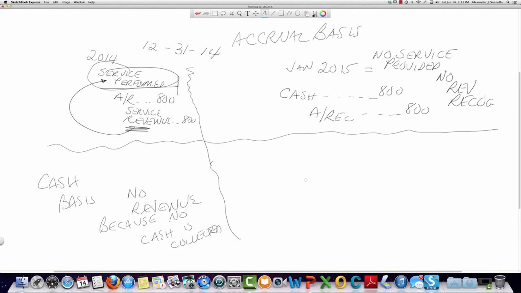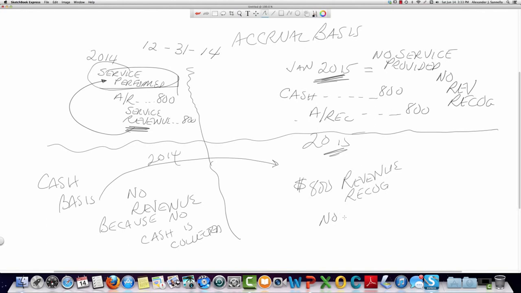But here, under the cash basis, in 2015, this is 2014, in 2015, $800 of revenue is recognized, even though there's no service performed.